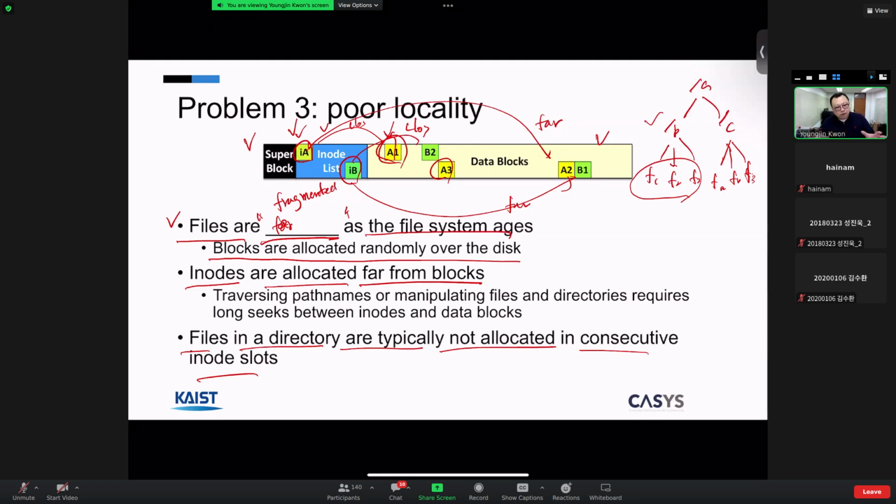But when the disk is fragmented, these blocks are located far apart, so they are allocated far from each other. Blocks for file 1, blocks for file 2 are allocated very far. So I'm talking about keeping far in disk distance. Why do far blocks matter? Why does it matter? Why is far a problem?